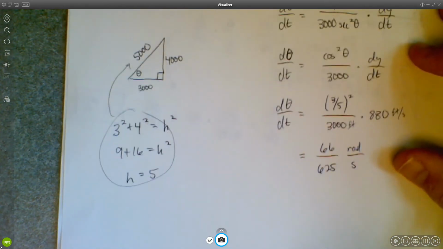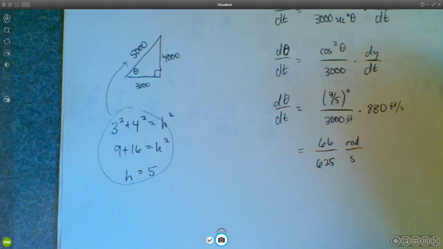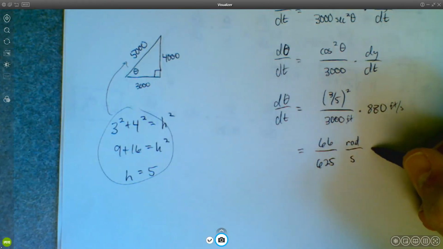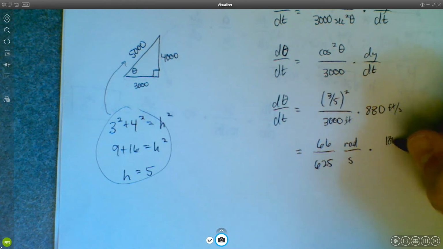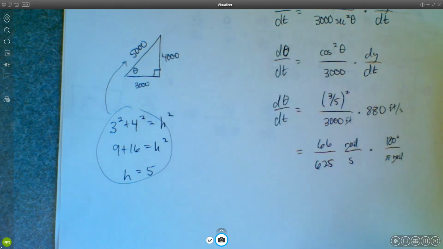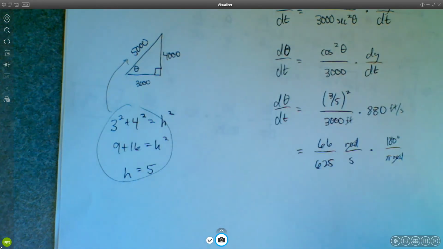If we wanted to change that into degrees per second, then we could multiply this by 180 degrees over pi radians. That way the radians will cancel and leave us with degrees per second. So I can multiply this by 180.